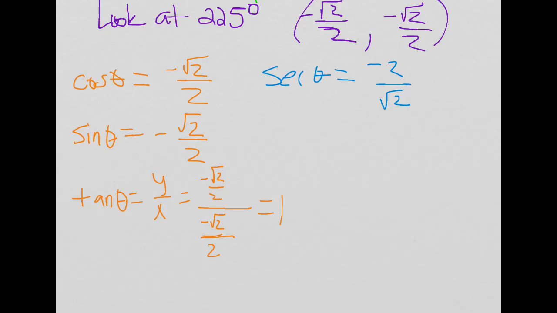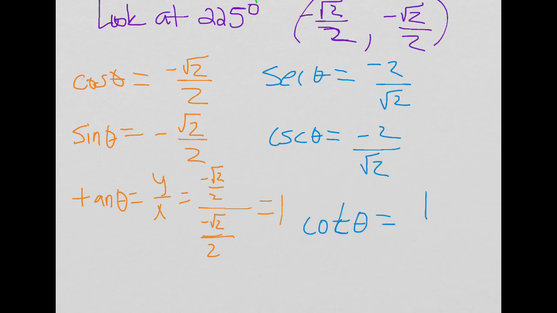So for the cosecant, I just flip. The sign still has to stay the same. Cotangent is just 1, because if I made this 1 over 1 and I flip it, it's still 1 over 1.